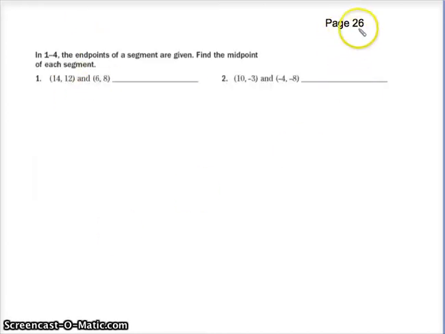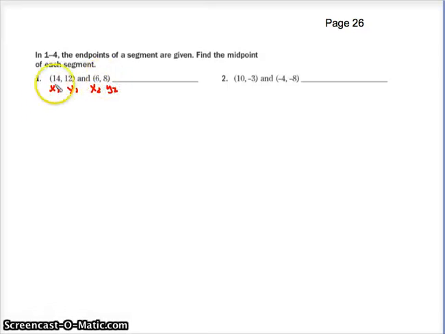On page 26 in your packet, we can find these 2 questions. We're asked to find the midpoint given the 2 endpoints of the segment. So, here's my x1, y1, x2, and y2.